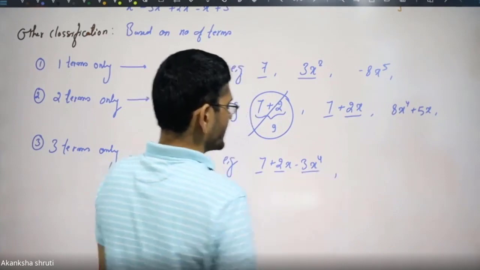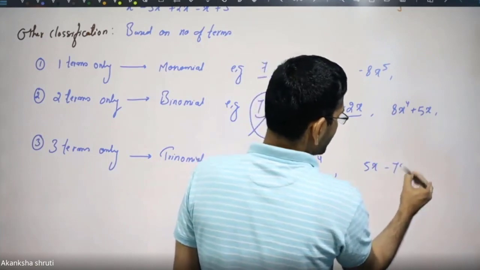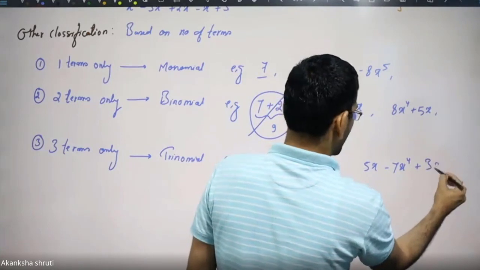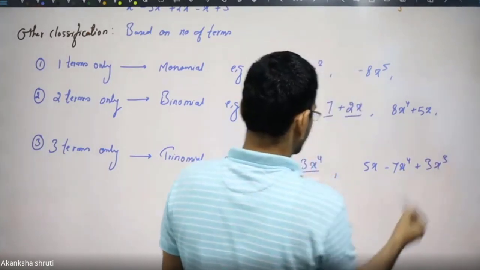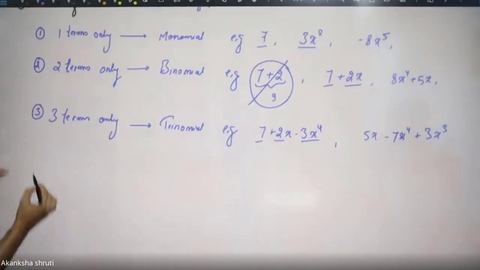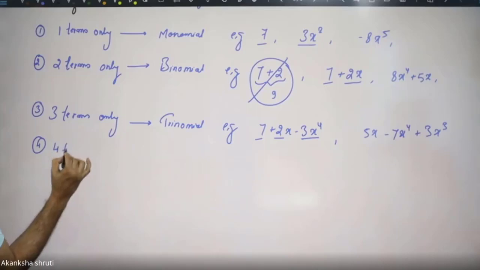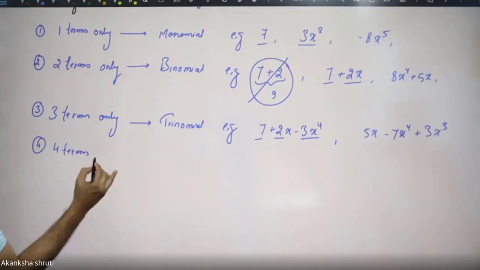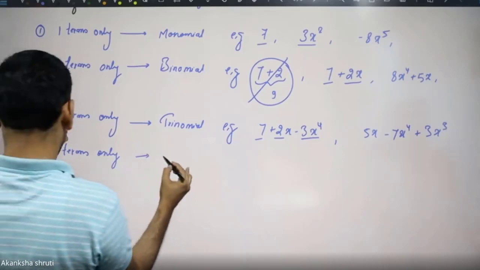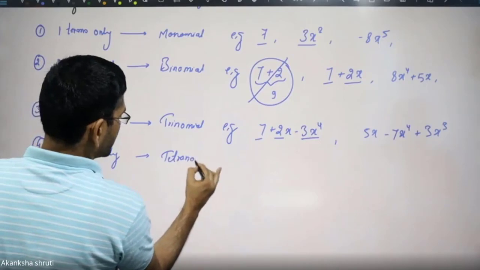If I am taking 5x minus 7x to the power 4 plus 3x cube, yes, three terms, so it is a trinomial. If there are four terms only, it is called a tetranomial.